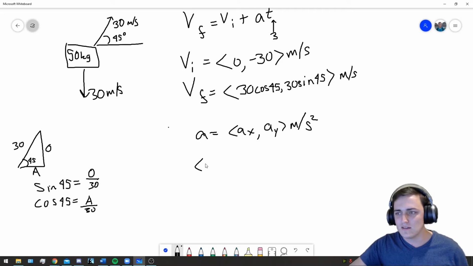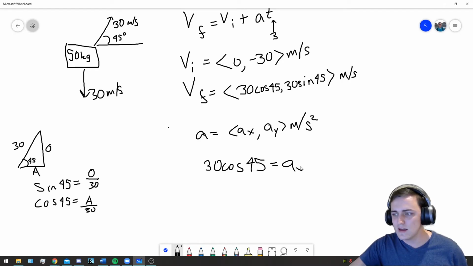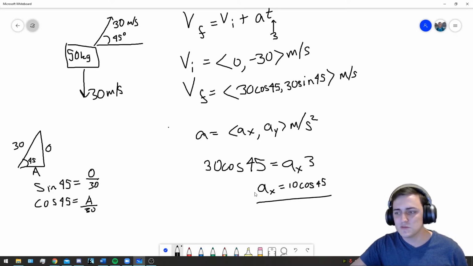We can just do them both at the same time by using these vectors. So you could say 30 cosine 45, and here let's say we're looking at the x direction first, equals v initial 0 plus ax times 3. We find our ax is 10 cosine 45 just by dividing by 3 on both sides. And so we found our ax.